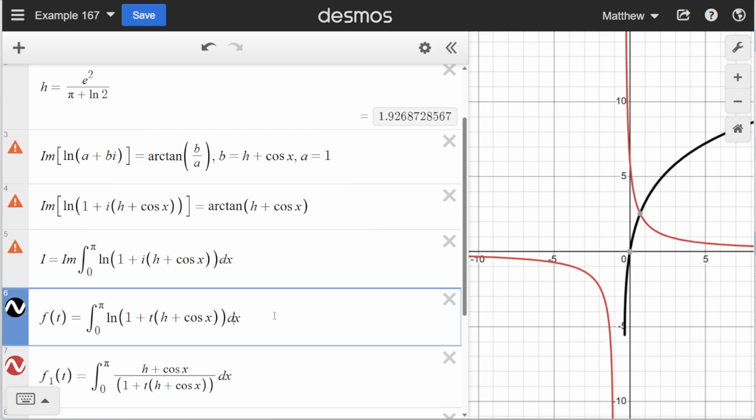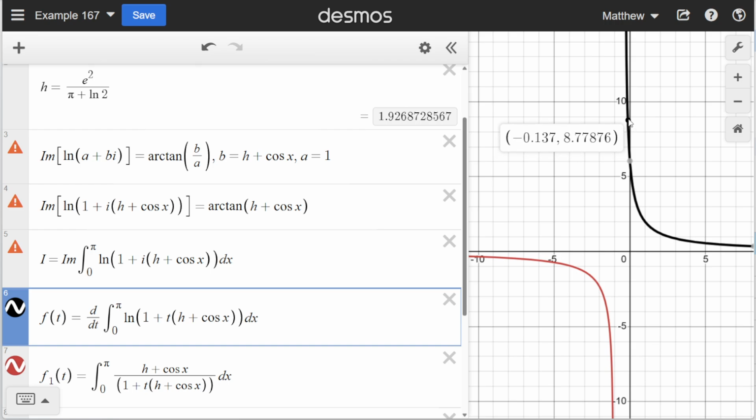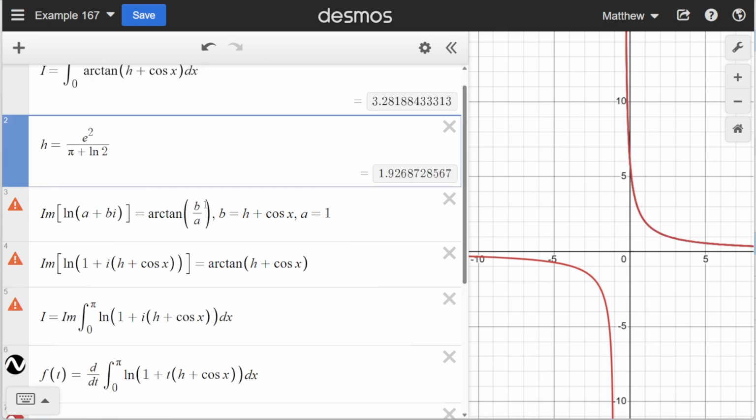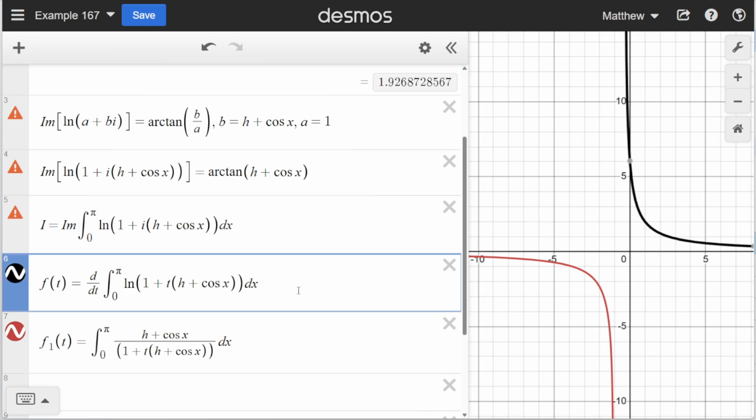So there's our f prime of t. Now let's make sure we did that right. I'm going to put a d/dt in front of this and make sure the derivatives match up. And they do, it looks like, for t greater than some value. Whatever that value is depends on h. So there's f prime of t.